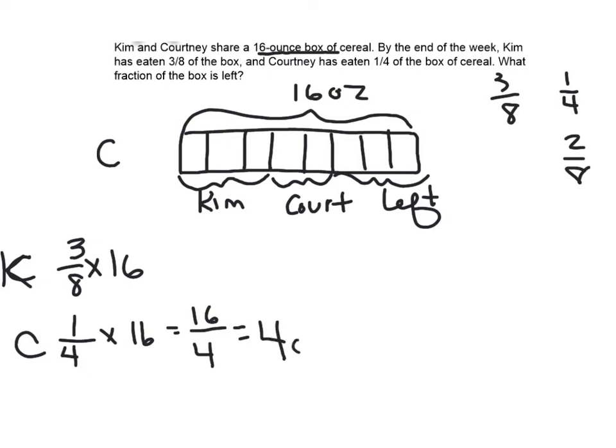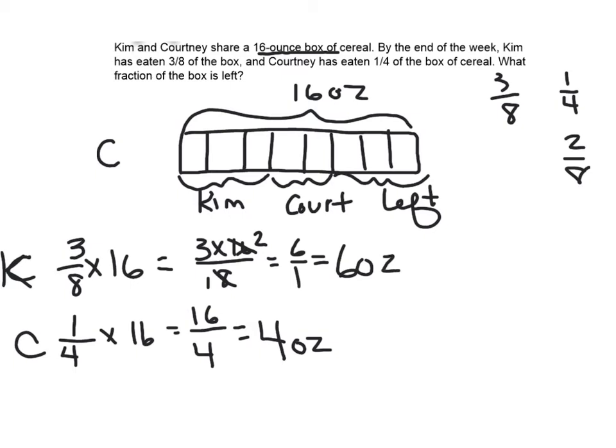Courtney ate 4 ounces. And I'm going to simplify here before moving on to make it easier for myself. I'm going to divide 16 and 8 both by 8. So Kim ate 6/1, which is 6 ounces. So together, they ate 10 ounces of a 16-ounce box.